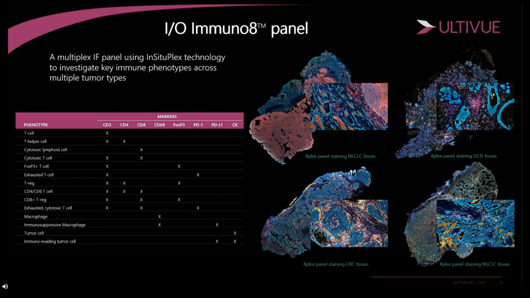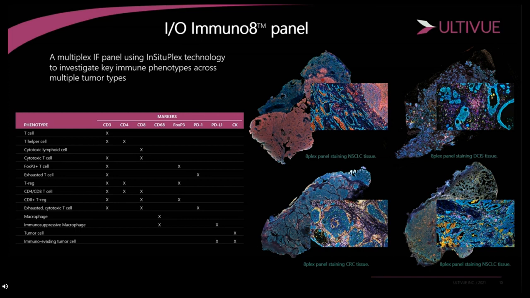What I would like to highlight here is that as for all the other kits and also for the custom kits, the panels that we develop can be applied to multiple indications without need of re-optimizing any conditions. And here you see an example of the Immuno 8 panel run on multiple tissue types, including non-small cell lung cancer, colorectal cancer, and breast cancer.